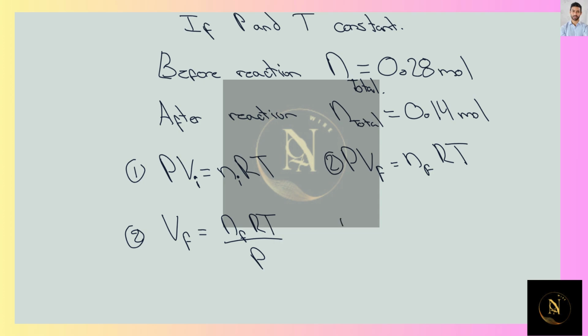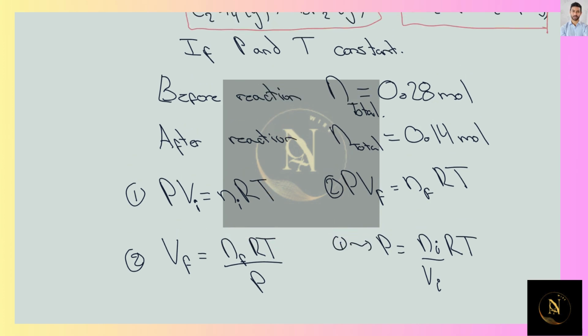But from equation 1, we know that the pressure, which is going to be constant, is equal to n initial divided by initial volume times RT. We are told that the initial volume before the reaction is equal to 11 liters.